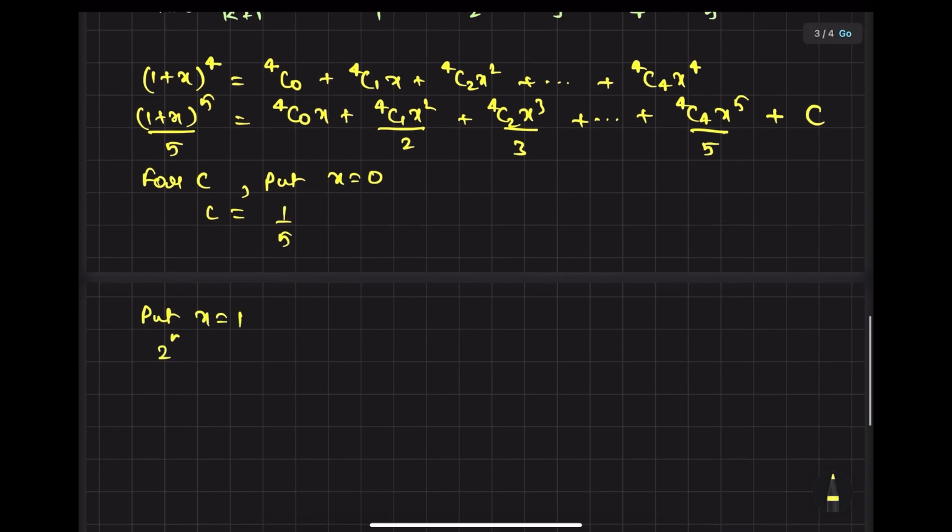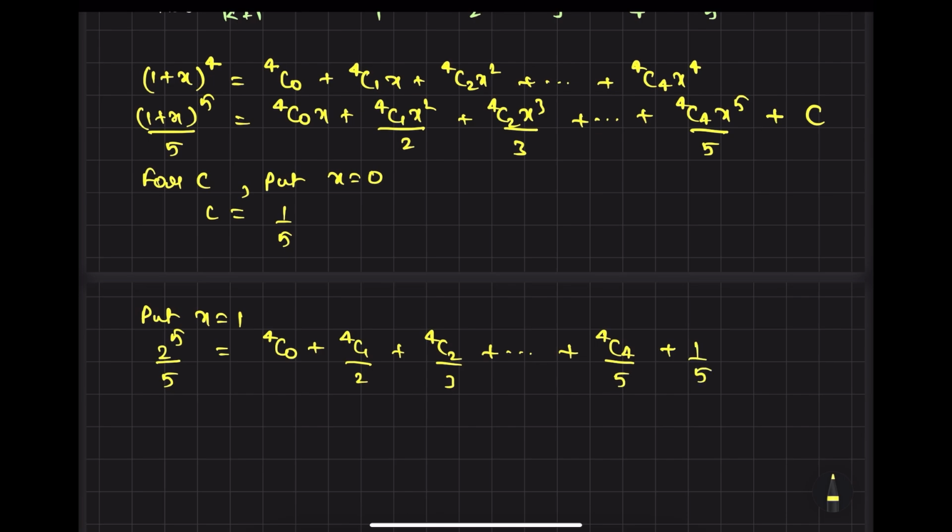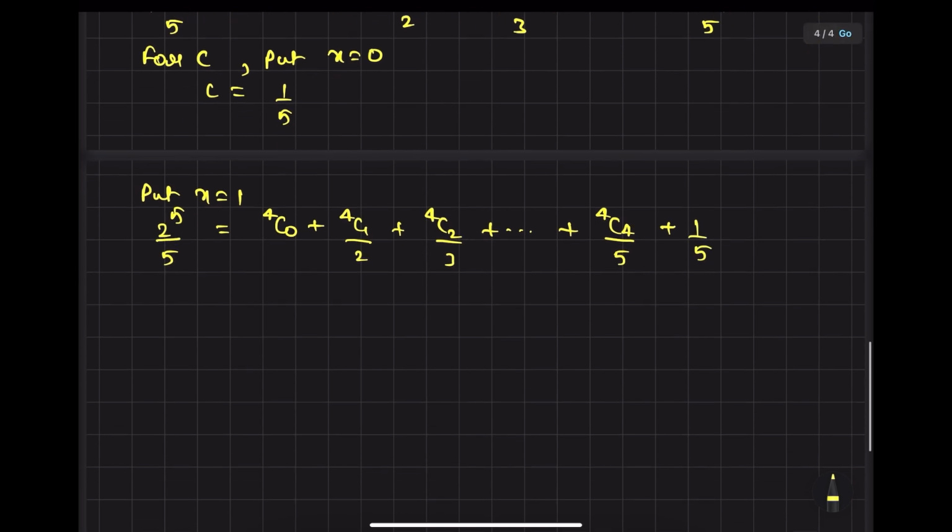So it is 2 power 5 by 5 is equal to 4C0, 4C1 by 2, 4C2 by 3, dot dot dot, 4C4 by 5, and then C. So who is C? 1 by 5. So send this 1 by 5 to this side.